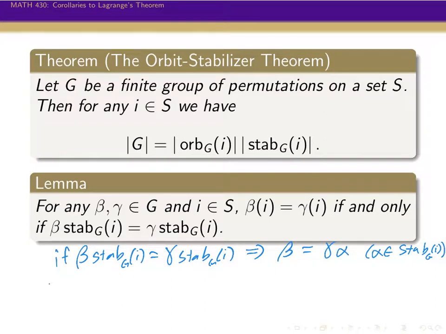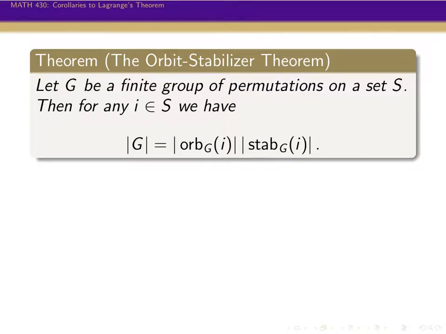And so this means that beta of i is equal to gamma of alpha of i, but alpha is in the stabilizer of i, and so alpha of i is just i again, and so beta of i is equal to gamma of i. And we're done.